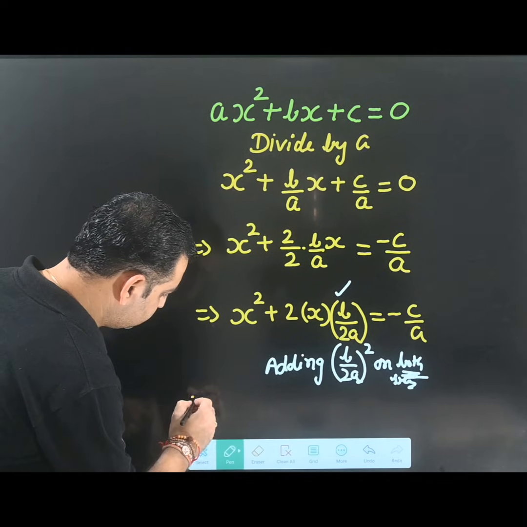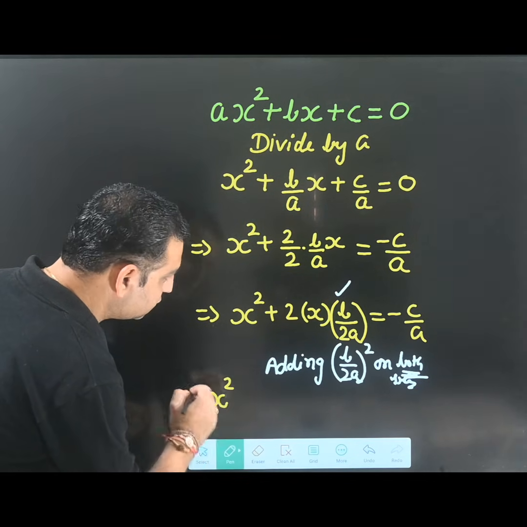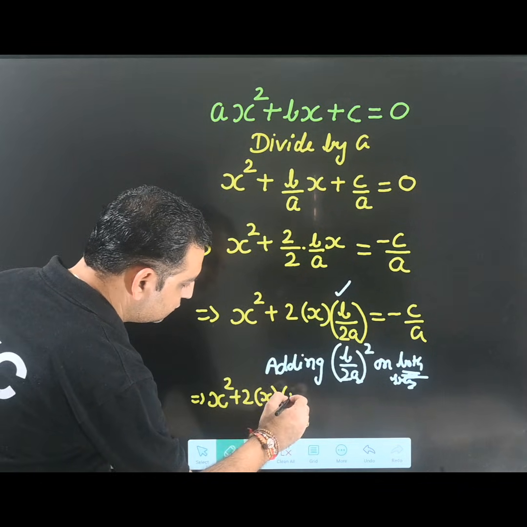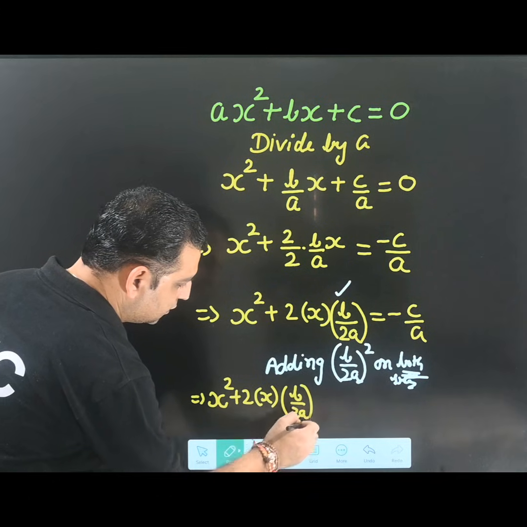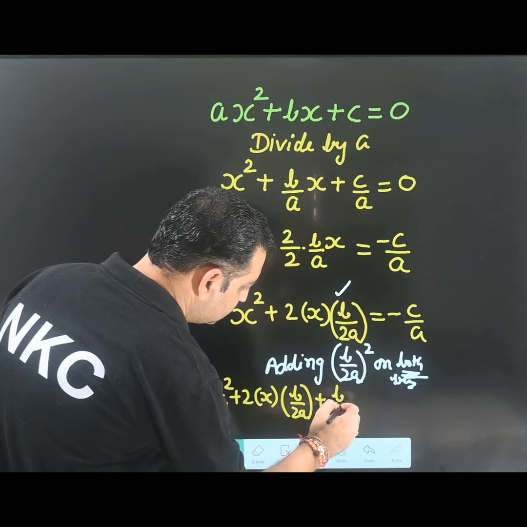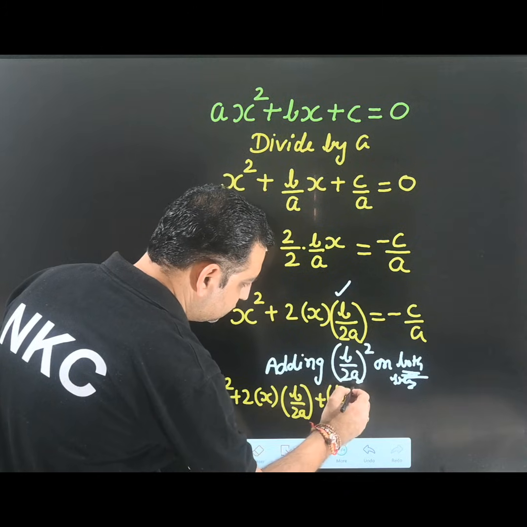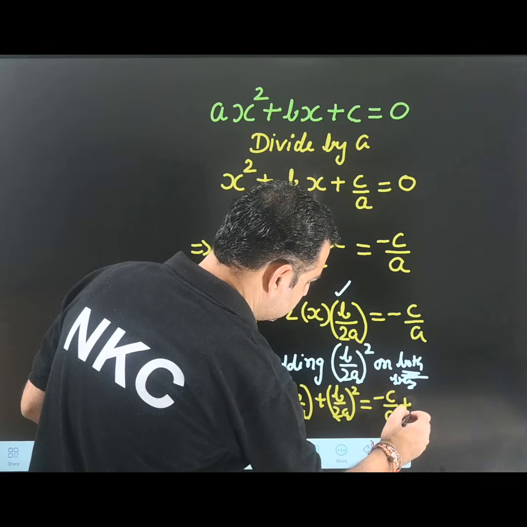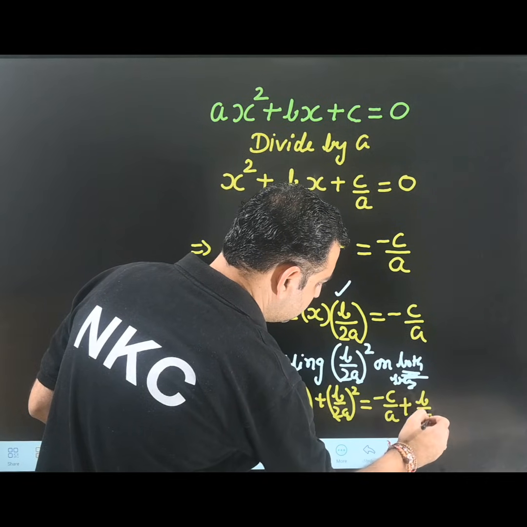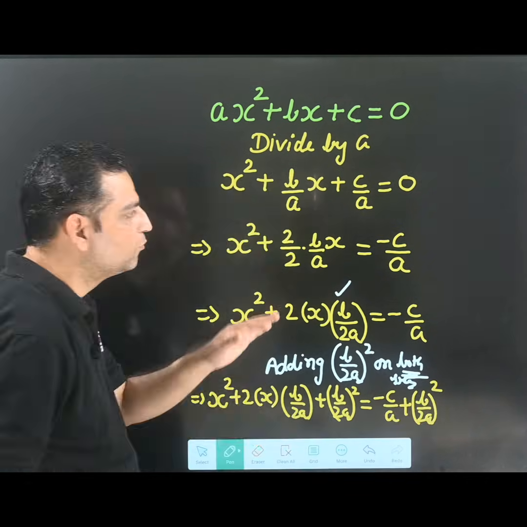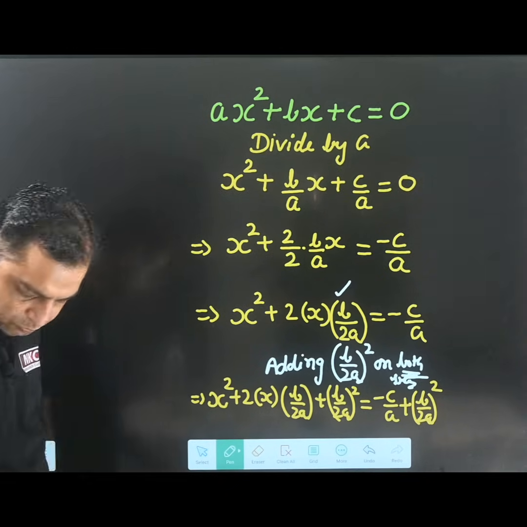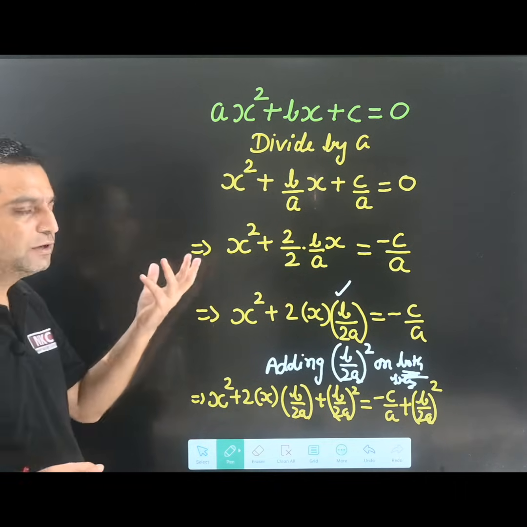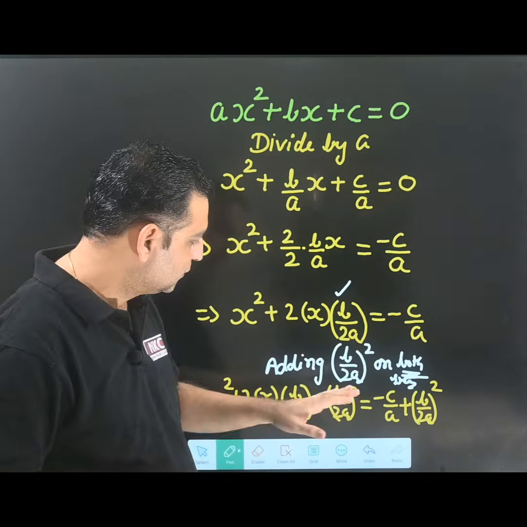We will get this value a square plus 2, then a, then b, plus b square means this second term square, and on the right side we have minus c upon a plus b upon 2a whole square. Please check it carefully, and I'm moving aside. You can take its screenshot as well, because I will have to erase some steps here. Finally, we have reached here.